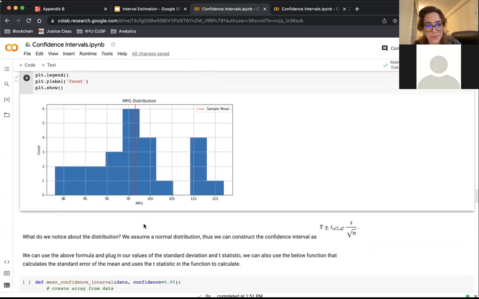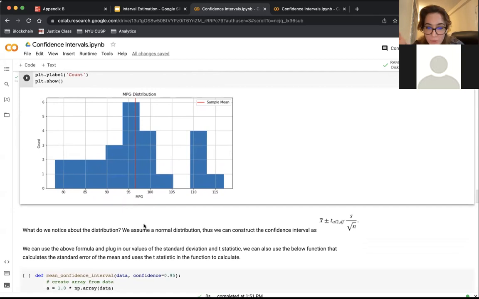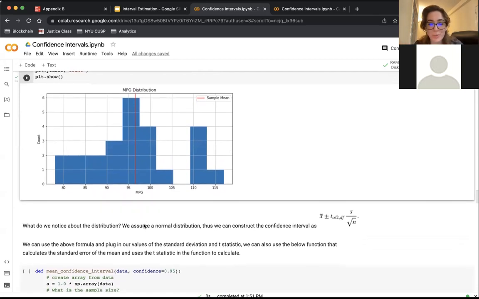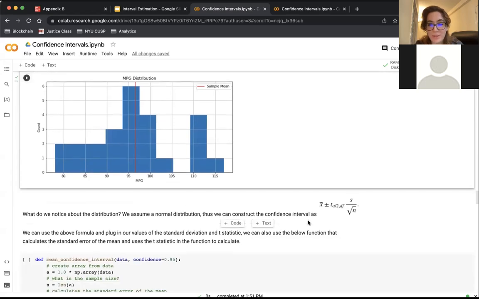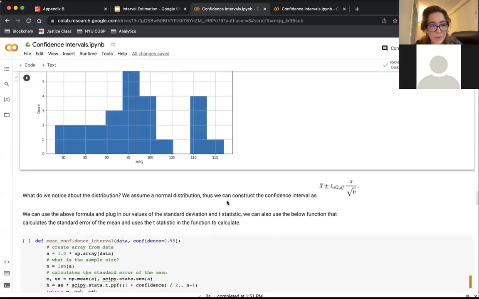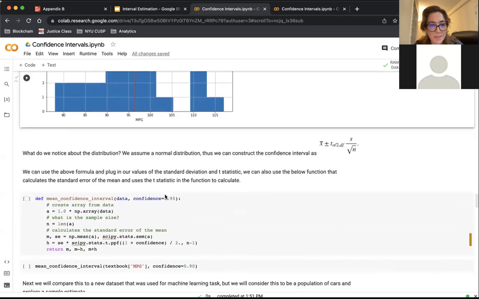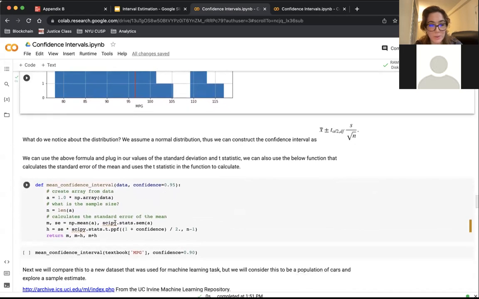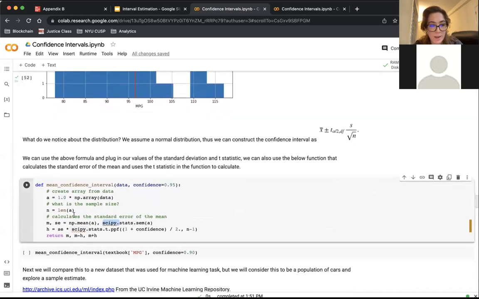So let's just talk through this distribution. It's normally distributed, and therefore we're just assuming that it's normally distributed, and we can construct the confidence interval using this formula. And this is a function to calculate that. I don't think I need this SciPy because I read in the package at the top.